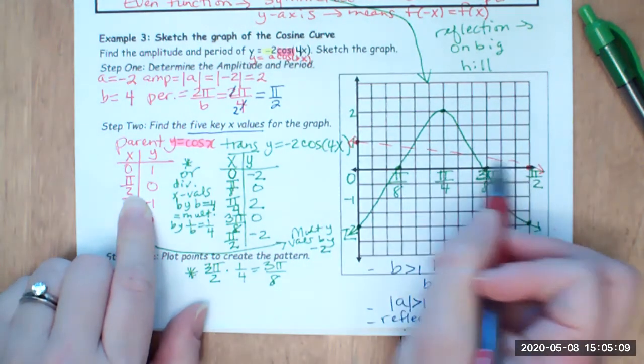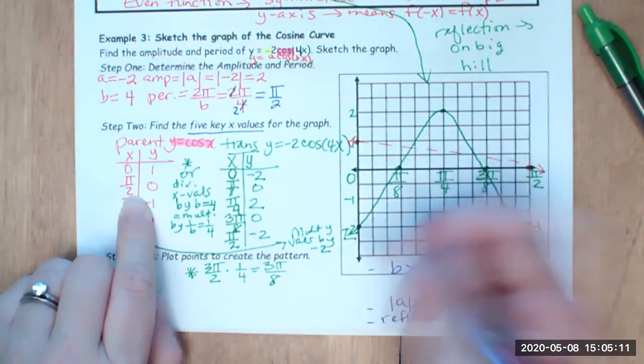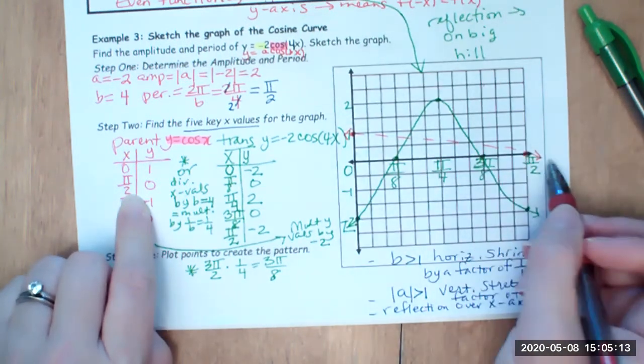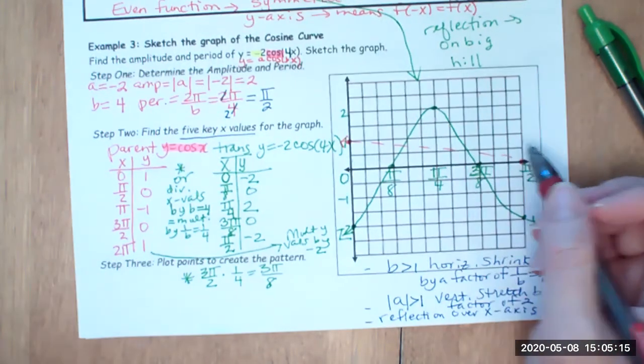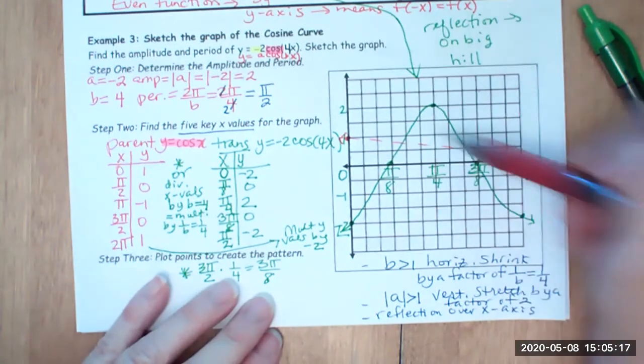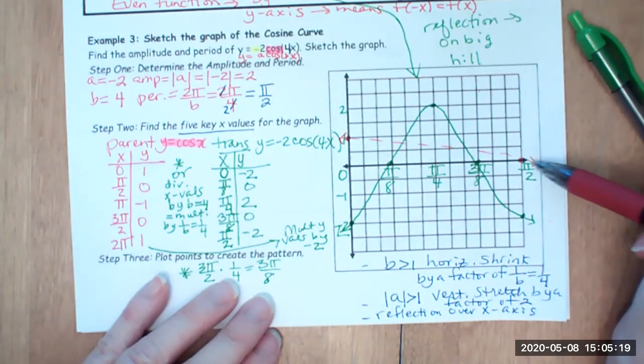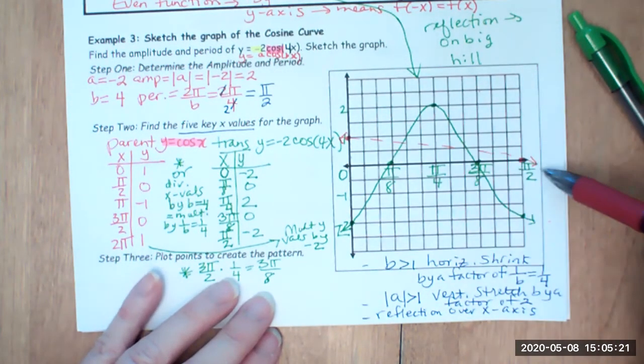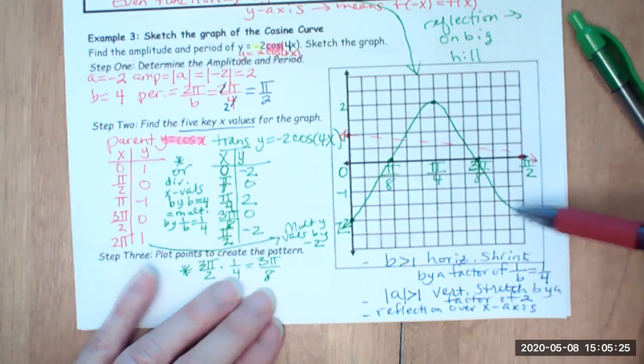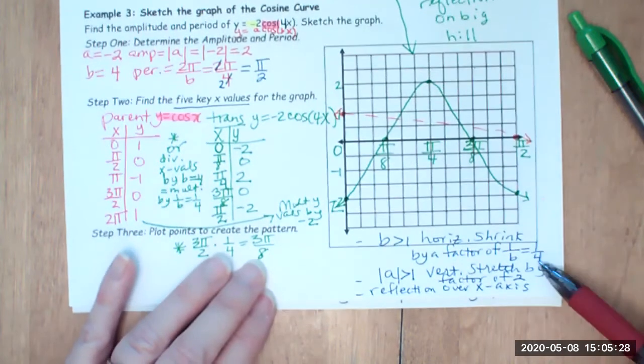Obviously, this function will continue and you'll see the waves on it if we were continuing farther along, but that's the only portion of the parent function that we can see on here, because the parent function is much wider than this function, because this function, remember, is horizontally shrunk and is 1/4 as wide.